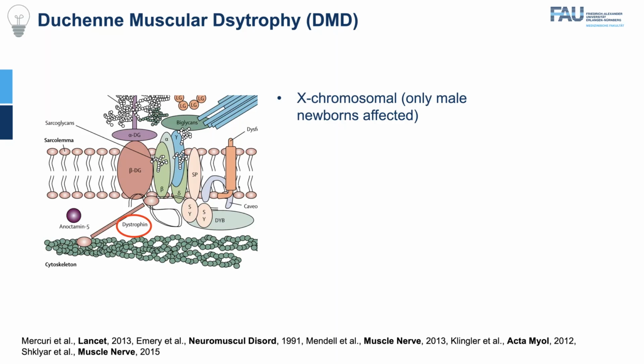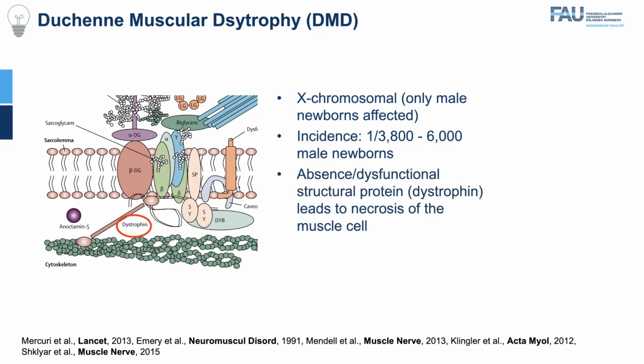These children are only male because it's an X chromosomal disease, and it actually has a high incidence. The absence of this protein leads to muscular cell necrosis. In the end, it's progressive, and all of these patients get problems with their heart or with their lungs, and ultimately they die from this disease.